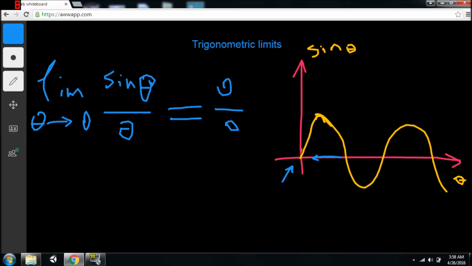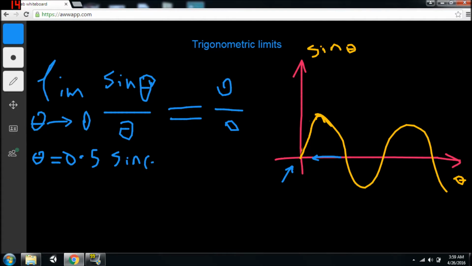Let's look at when theta is equal to 0.5. It's a value that is very close, but it's not exactly 0.